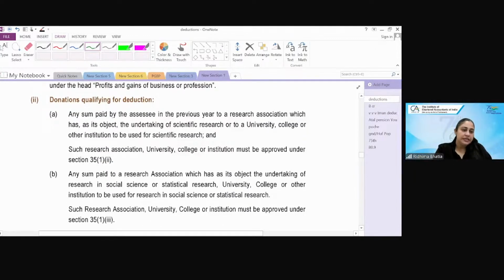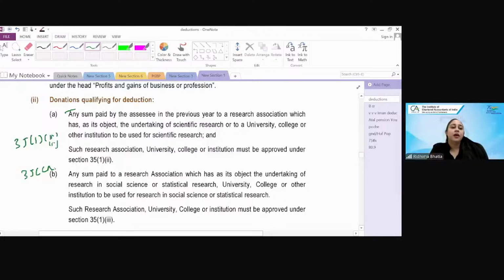Yes, you have covered scientific research donations under section 35(1), clauses (ii) and (iii), and rural development under 35CCA. So they are already there technically.